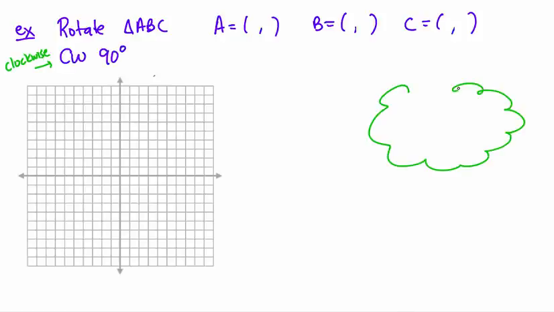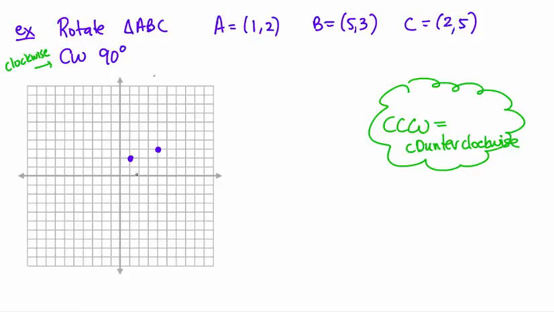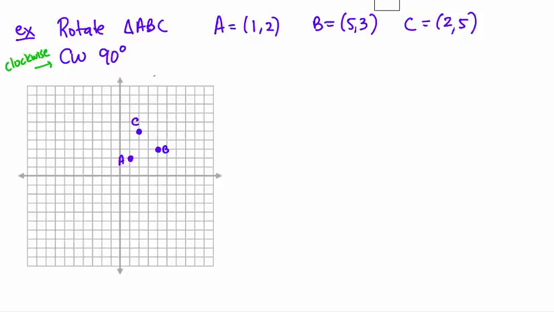To do this, I'll give you some coordinates for A, B, and C. A will be 1, 2, so there's A. B can be 5, 3: 1, 2, 3, 4, 5, and 3, there's B. And for C, how about 2, 5: 2, and 1, 2, 3, 4, 5 for C. So this was A, B, and C, and we just connect the dots, so there's our triangle.